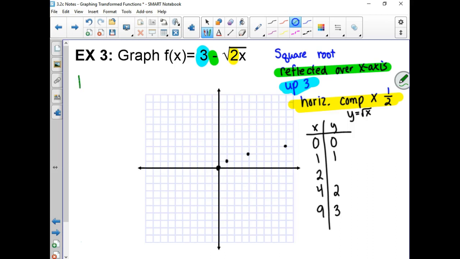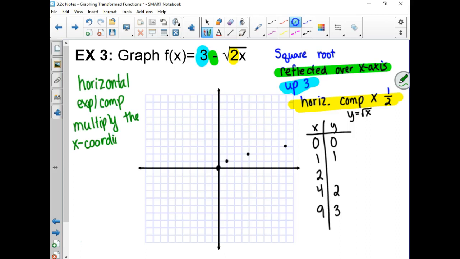So for horizontal expansions or compressions, multiply the x-coordinate by the factor.